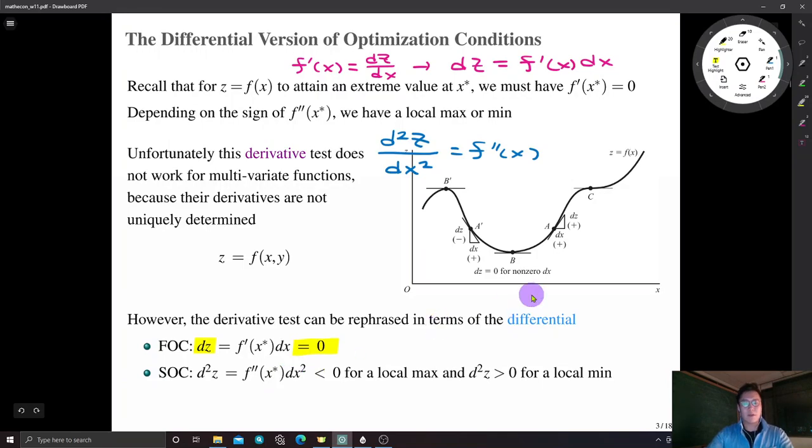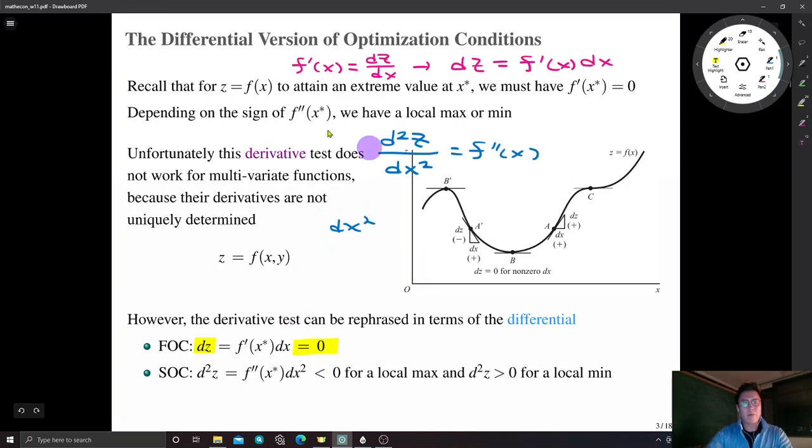But if you think about dx squared, that is a marginal change in x, squared. So if we increase x, dx is positive, but if we decrease x, dx is negative. No matter what the sign is, dx squared is always positive. So the change in x squared is always positive.